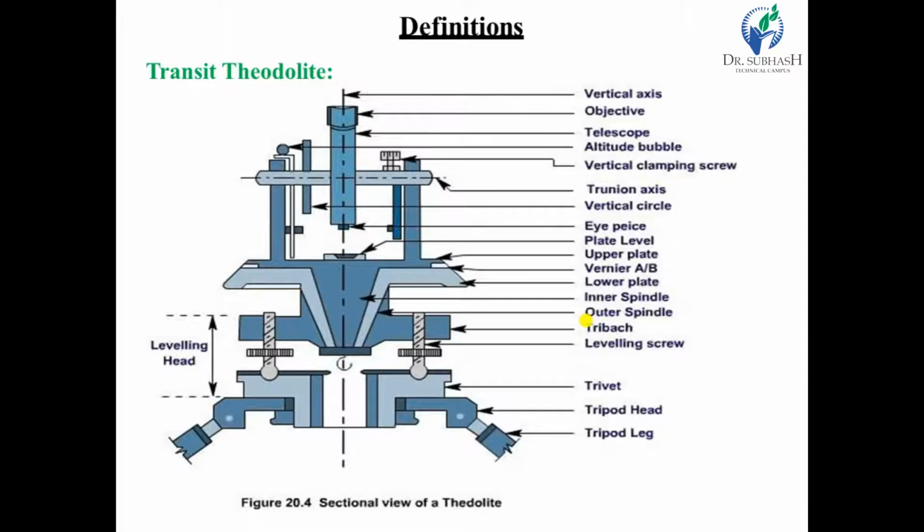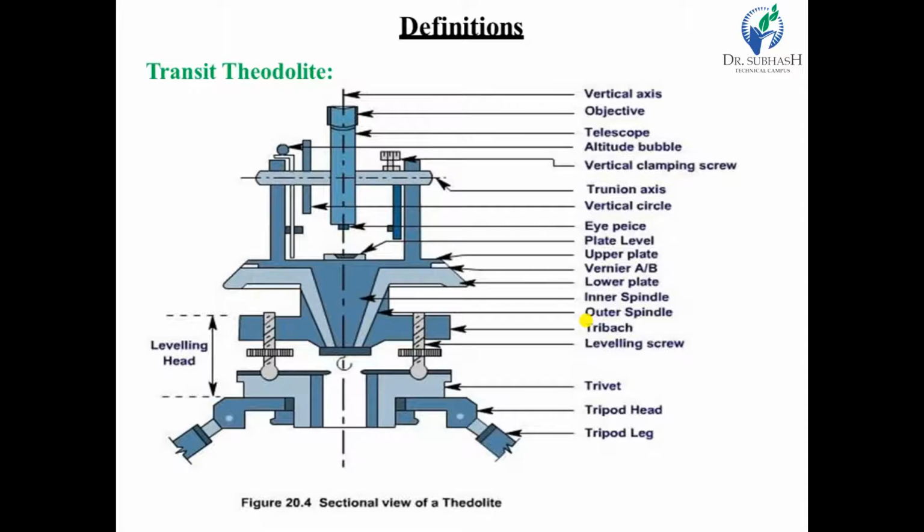After that, tri-bench. Tri-bench is the supporting platform of the theodolite. It has a facility for adjustment by leveling screws for leveling the instrument. After that, trivet. Trivet is the portion on which the leveling screws are positioned. After that, tripod head.